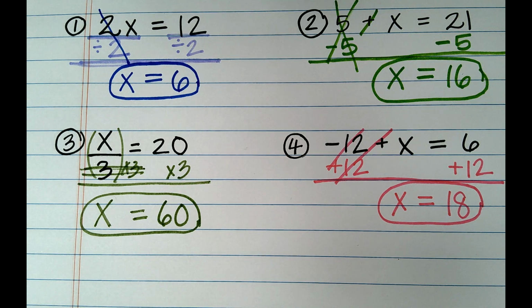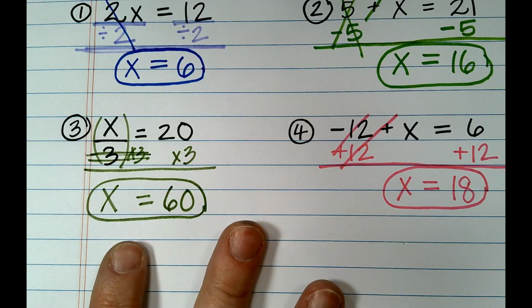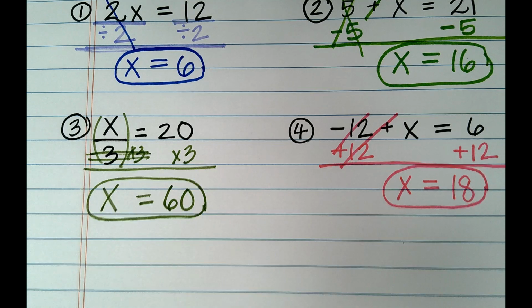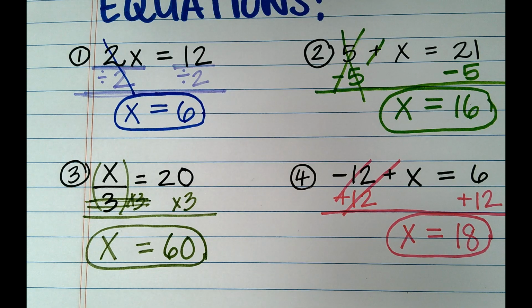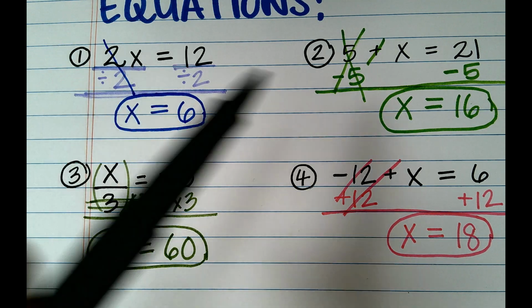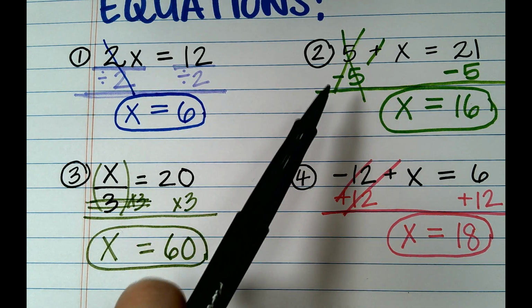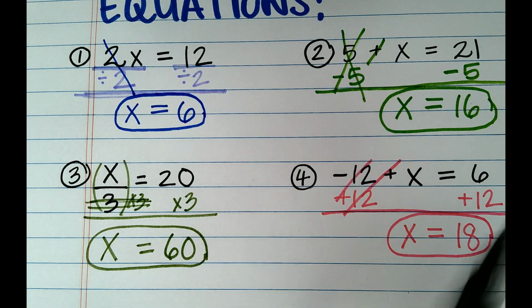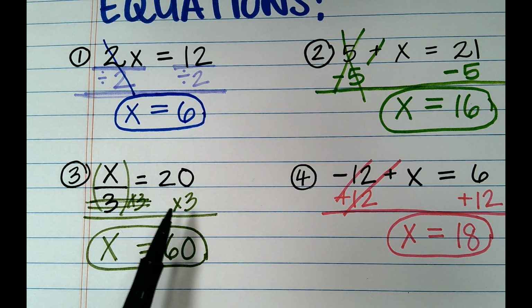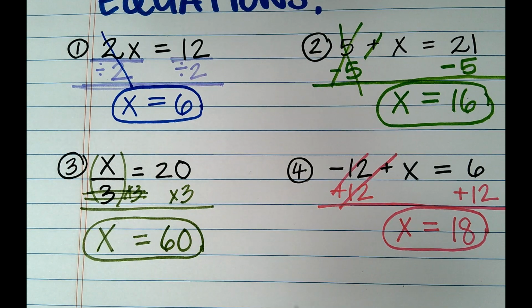Okay. So this is what we call a one-step equation because all we've done to solve these is one step. For number one, my one step was that I divided by 2. On number 2, my one step was that I subtracted 5. On number 3, my one step is that I multiplied by 3. Number 4, my one step was that I added 12.